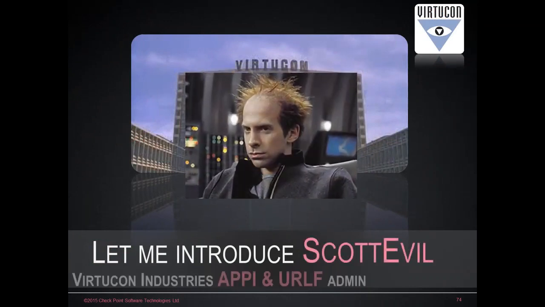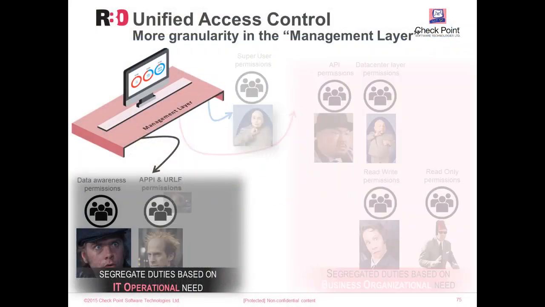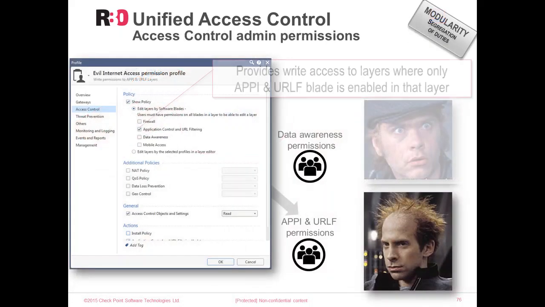So let me introduce Scott Evil, that is the Verticon Industries application control and URL filtering admin for providing a clean internet. So we're assigning Scott Evil permissions to work with application control and URL filtering and segregating his duties based on IT operational needs, since he's working within that IT operations department within the organization.